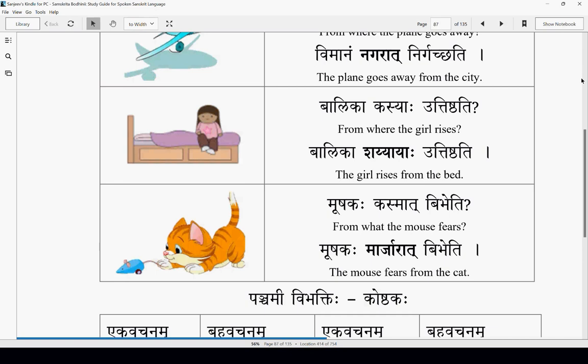But prapnoti, krinati, karoti, dadati, asti, these follow various different patterns. One of them is bibheti. Bibheti is somewhat like dadati. But still, because it is common, we should know this form.